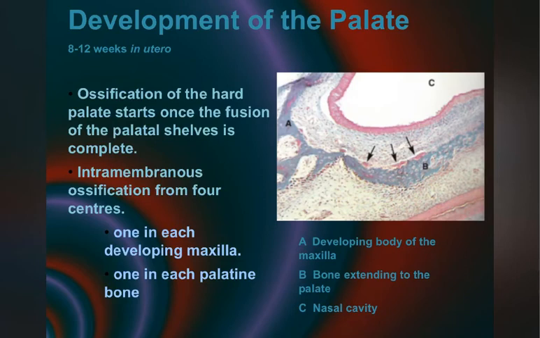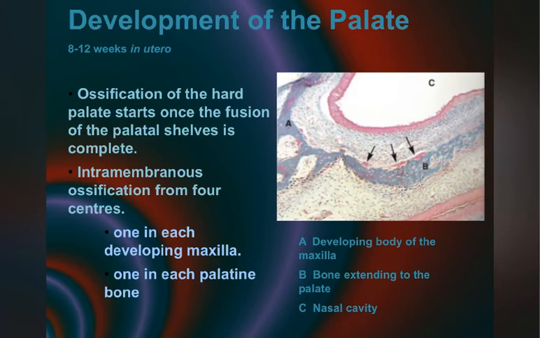Ossification of the hard palate starts once the fusion of the palatal shelves is complete. The bone of the palate and the bone of the maxilla are both formed by intramembranous ossification.